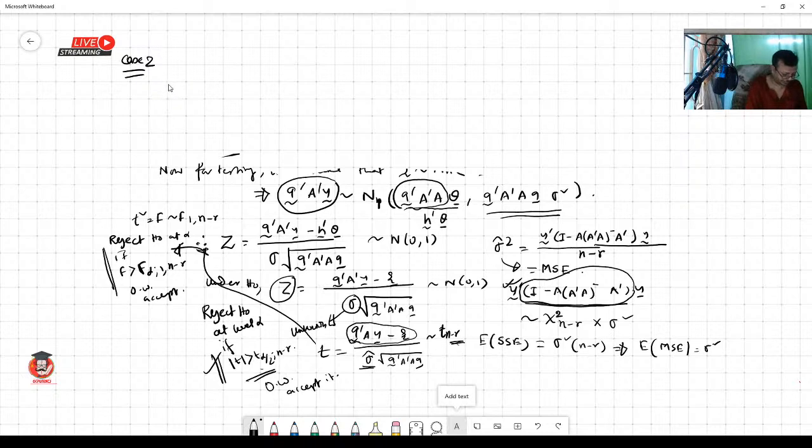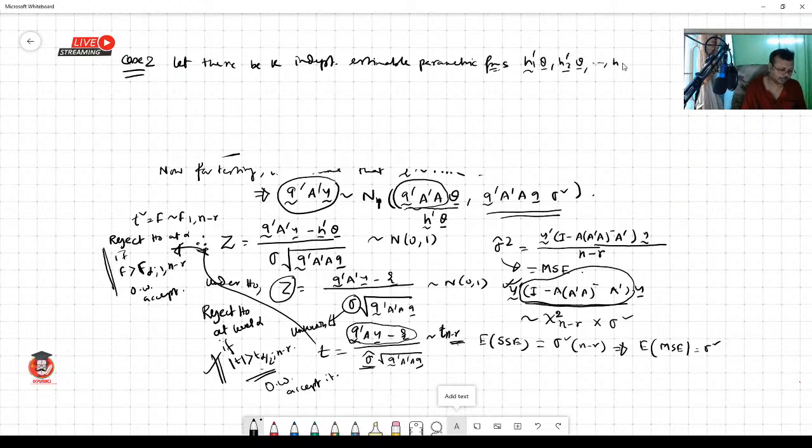Next, case 2. Let there be k independent estimable parametric functions h1 curl prime theta curl, h2 curl prime theta curl, up to hk curl prime theta curl.